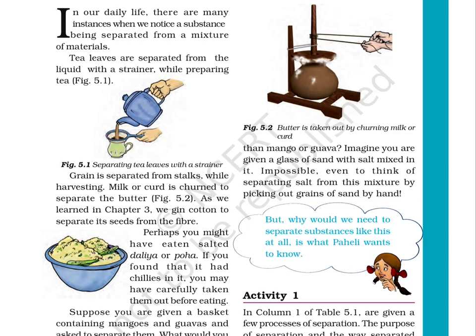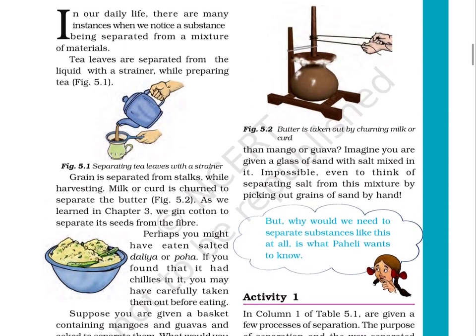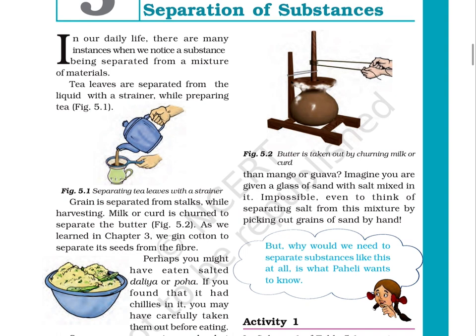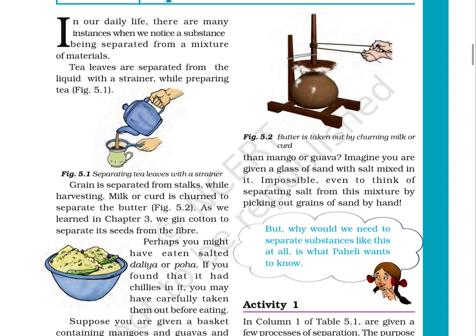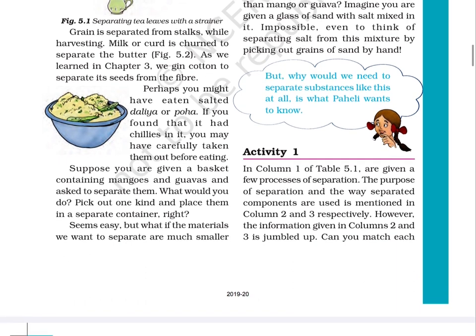Figure 5.2. Butter is taken out by churning milk or curd. But why would we need to separate substances like this at all? Is what Paheli wants to know. Activity 1. In column 1 of Table 5.1 are given a few processes of separation.